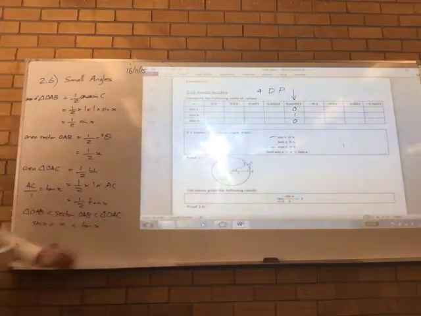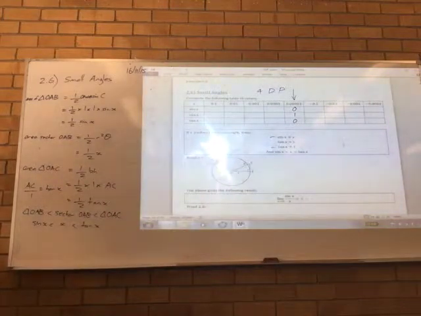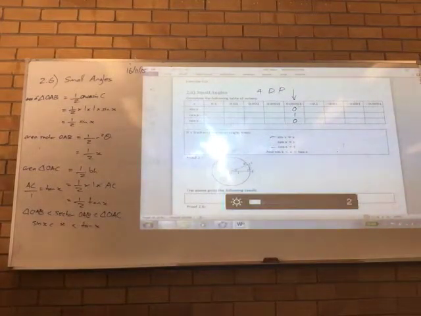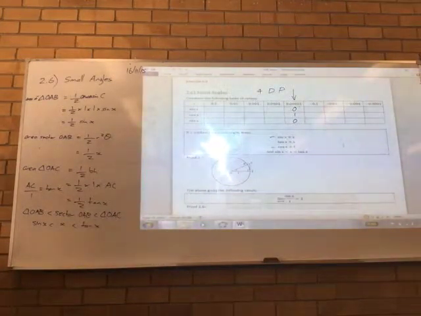Is there no symbol for sector? Not that I'm aware of. Google it. That can be your task right now. I haven't seen that result used; if I have, I don't know, but I'm just covering all bases.